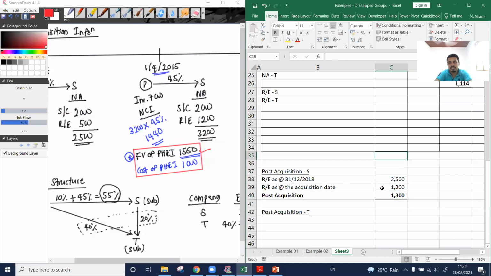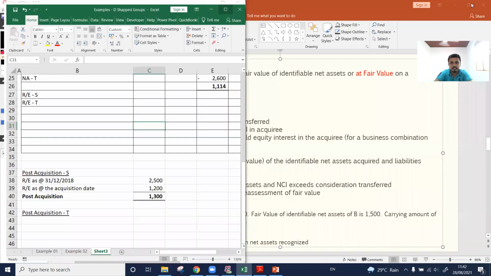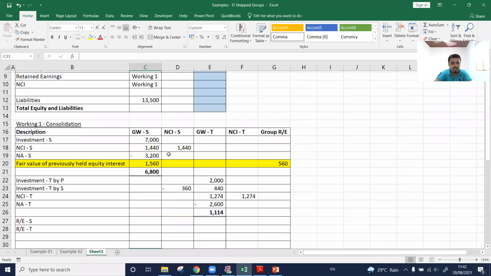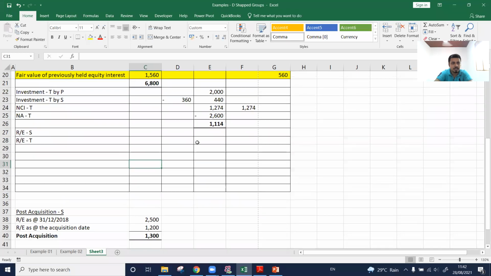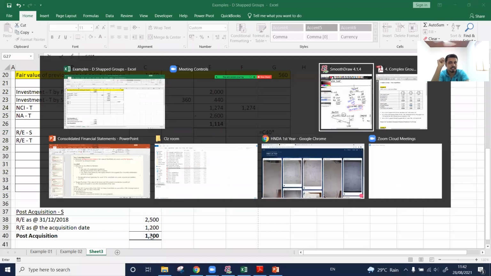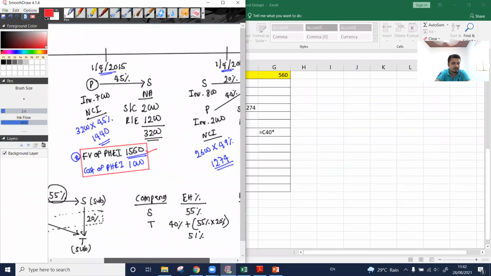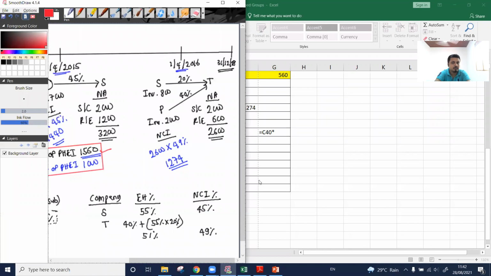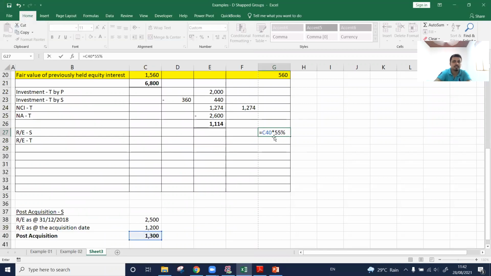That is 1,300. This 1,300 we need to allocate between whom? Between parent company shareholders and other shareholders. So out of this 1,300, what is the percentage that should belong to the parent company shareholders? S හි effective holding percentage එක කීයද? 55%.